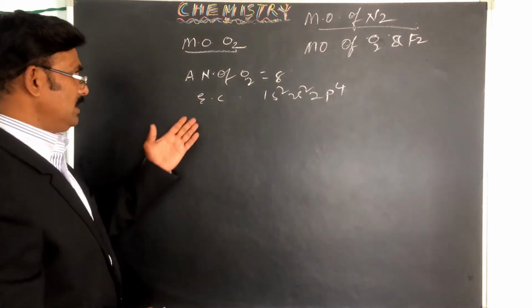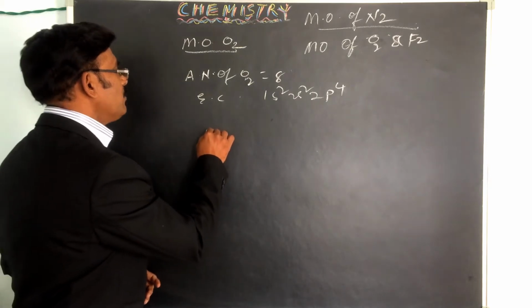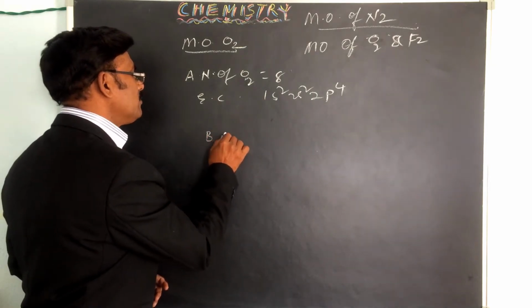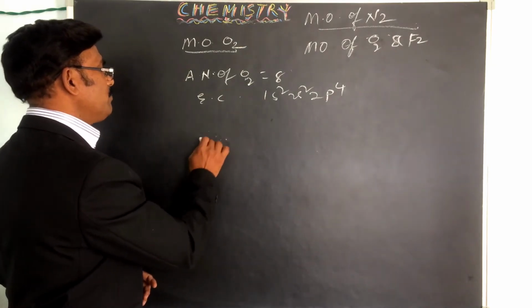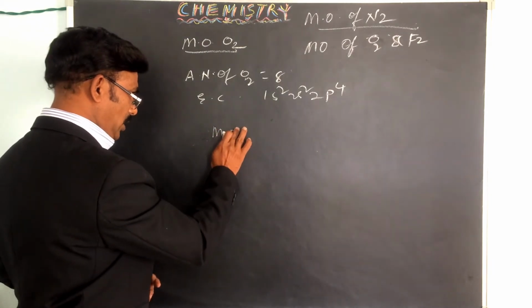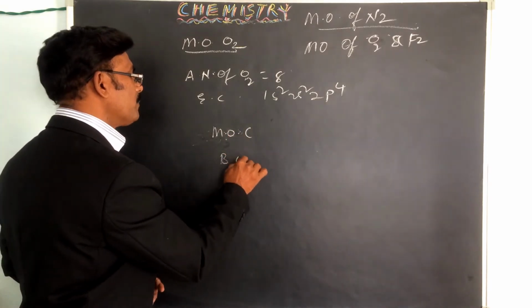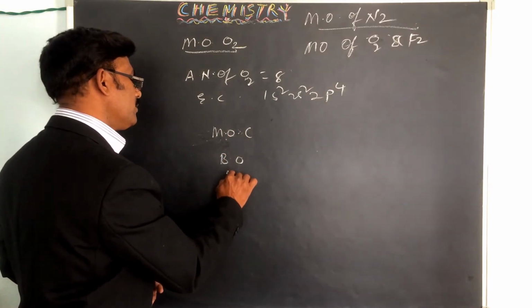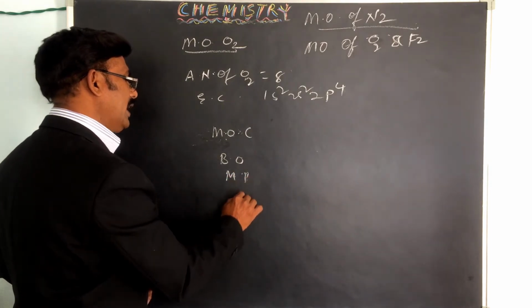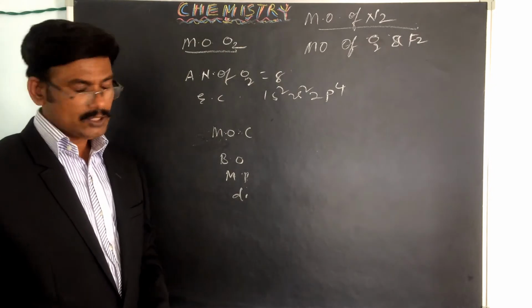So we know the electron configuration, and then we will find the bond order. The bond order is important. Molecular orbital configuration, bond order, magnetic property, and diagram. Then again we will discuss fluorine.